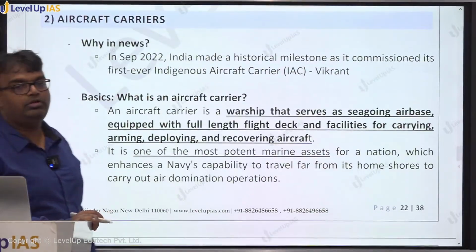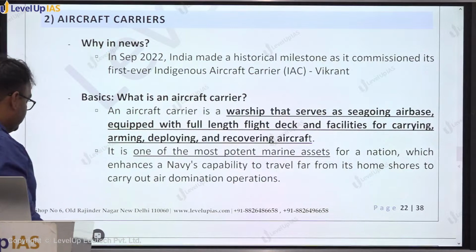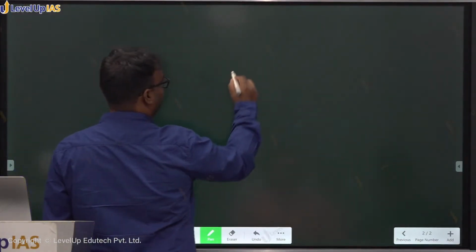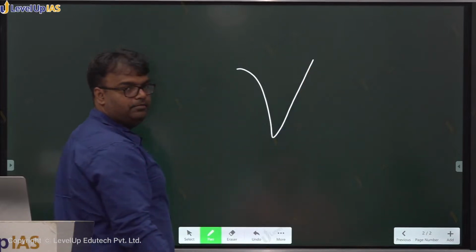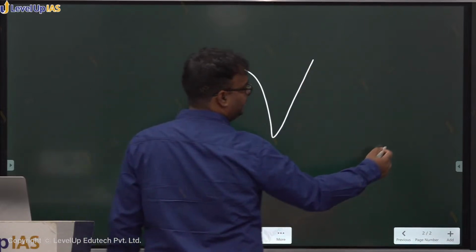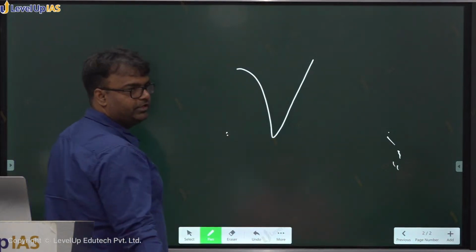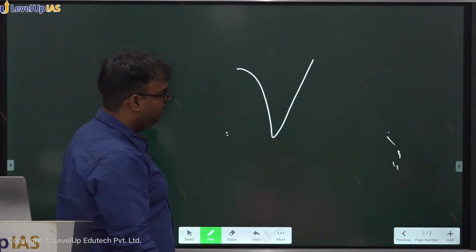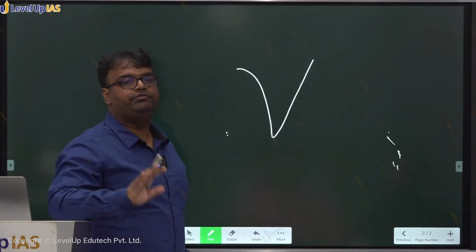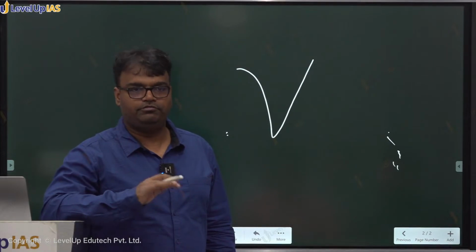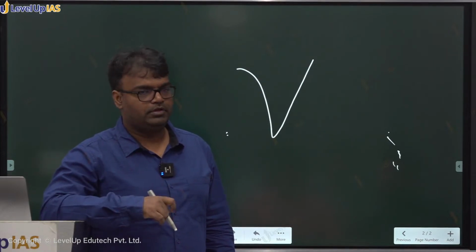Aircraft carriers. What are aircraft carriers? To understand aircraft carriers, देखो, this is India, right? यहाँ पे we have Andaman Nicobar के island, यहाँ पे we have Lakshadweep वगैरह, right? The most potent weapon in any defense today is their aircrafts, fighter jets, right?